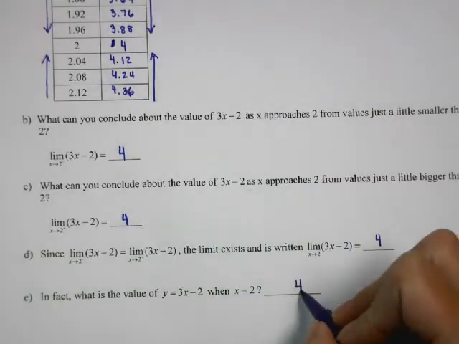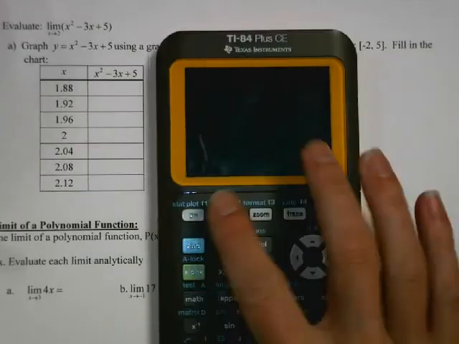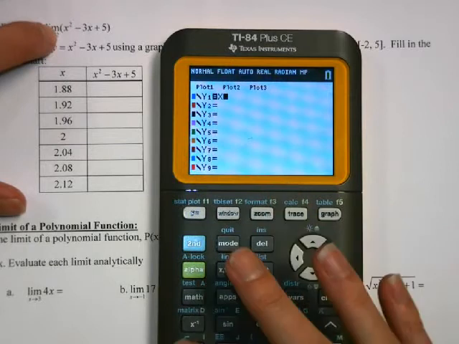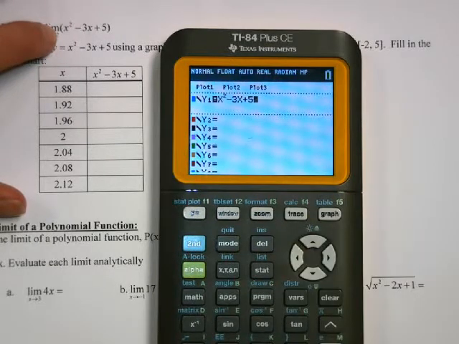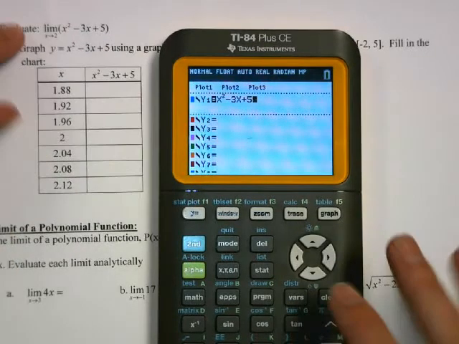So we're going to do the same thing with a parabola. So we'll go ahead and put our new graph in here, x squared minus 3x plus 5. Okay, our table set is already good, so I'm just going to jump to the table and we'll fill in these values.